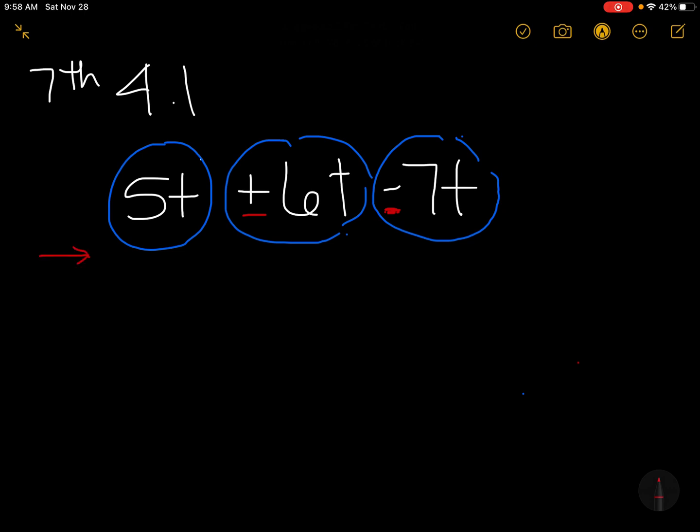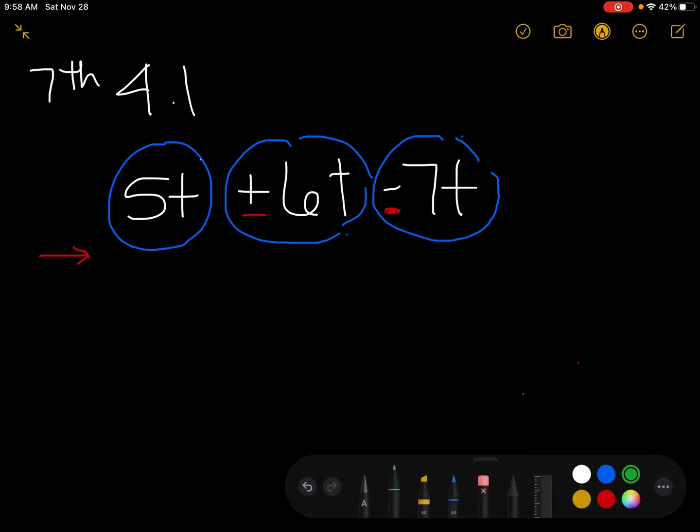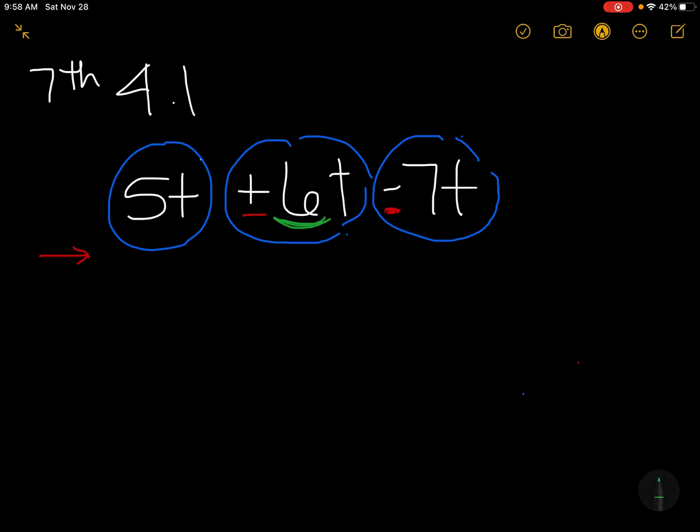And so we're going to solve it from left to right. 5t plus 6t. Since they have the same exact variable, we know that they're like terms, they're super duper similar. We can go ahead and just put together that coefficient. The coefficient is the number that comes before that variable.